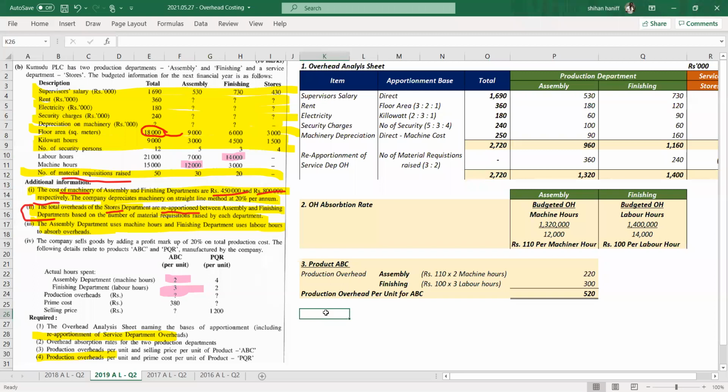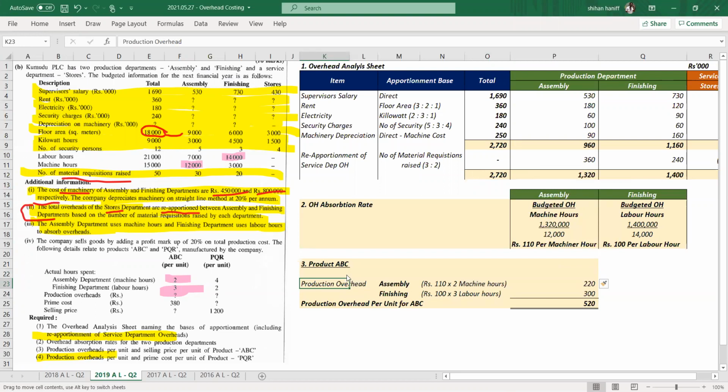And they have also asked to calculate the selling price per unit of ABC. How do we calculate the selling price?